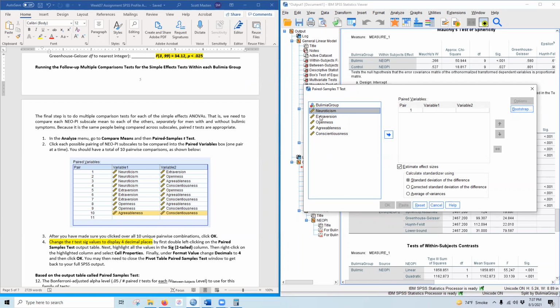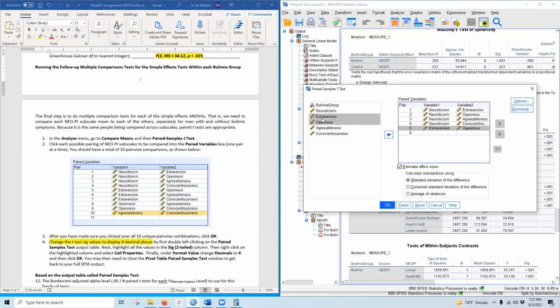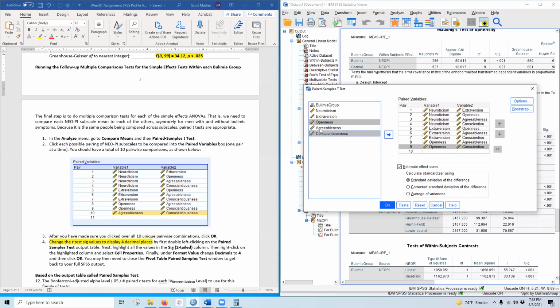First one is neuroticism with extroversion, neuroticism with openness, neuroticism with agreeableness, neuroticism with conscientiousness. That's your first 4. Then you scoot down one, E with O, E with A, E with C. Let's scoot down to O now, O with A, O with C. Then finally scoot down, A with C is our 10th one. That's what we need.